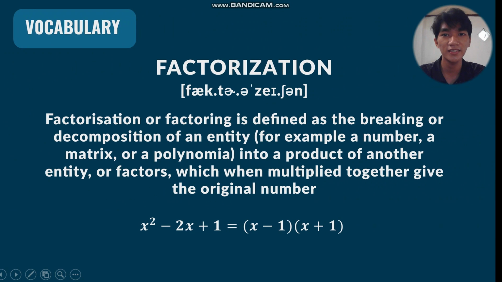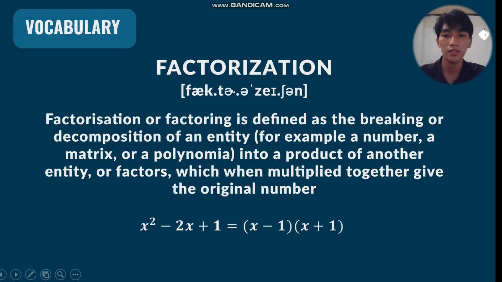The next word is factorization. Factorization or factoring is defined as the breaking or decomposition of an entity, for example a number, a matrix, or a polynomial, into a product of other entities or factors, which when multiplied together give the original number.